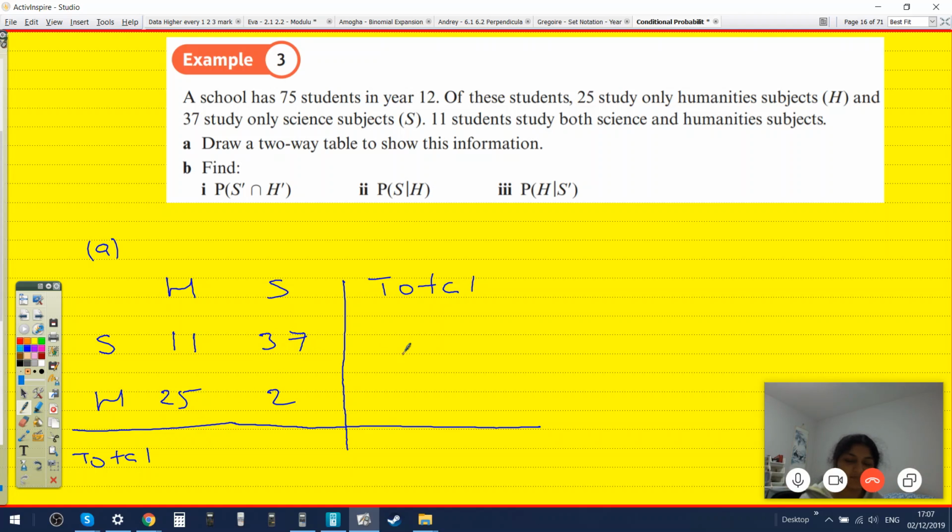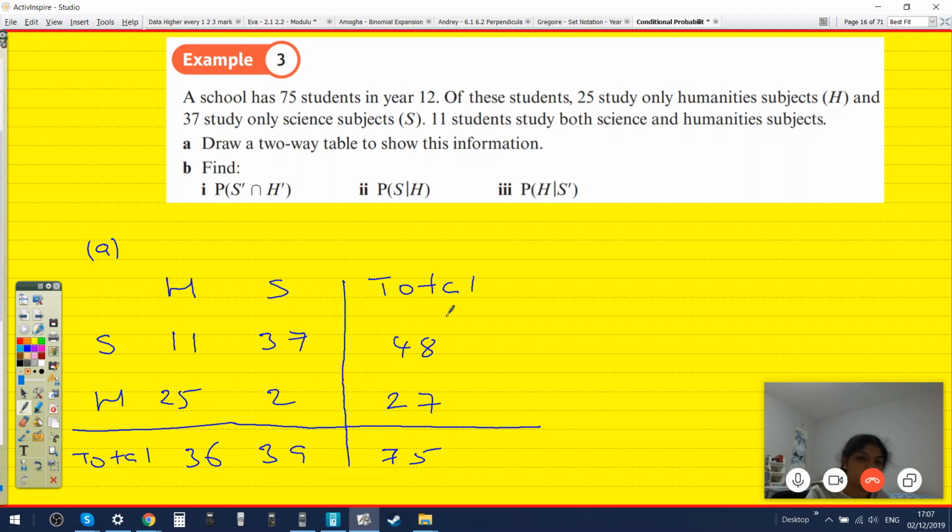So that one's 48, and 27. And then that gives you 75 in total. And then 39 and 36. That's it.